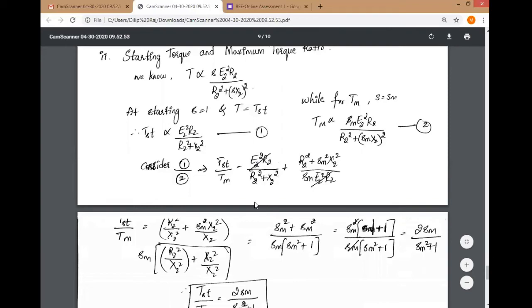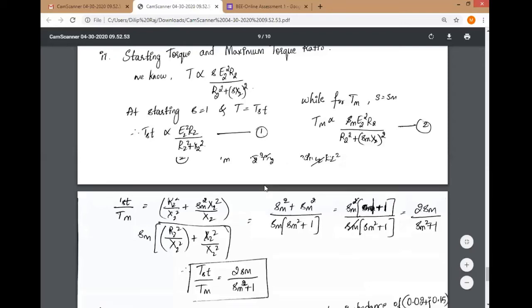Now both numerator and denominator are divided by the X2 square term. In doing so, in the numerator we have R2 square by X2 square plus Sm square into X2 square by X2 square, divided by Sm into (R2 by X2) the whole square plus 1.